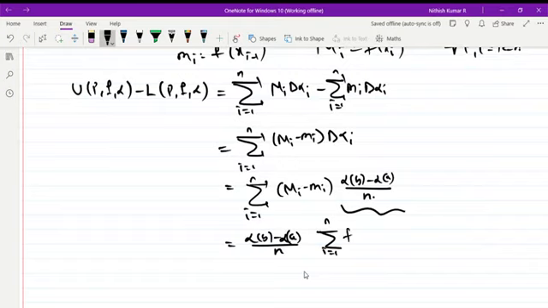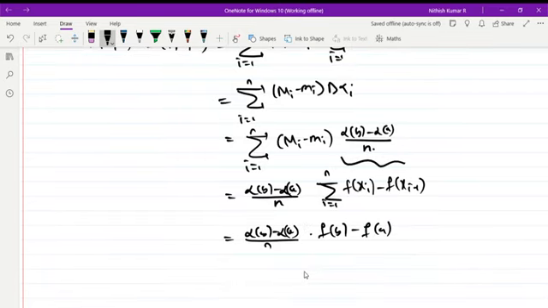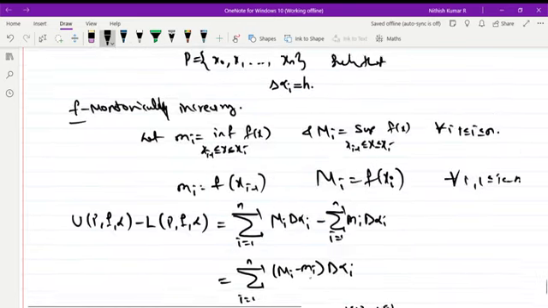But what is capital Mi minus small mi? It is nothing but f of xi minus f of xi minus 1, so the sum is equal to alpha of b minus alpha of a divided by n into f of b minus f of a. Now as we take n larger, we can make this less than epsilon.